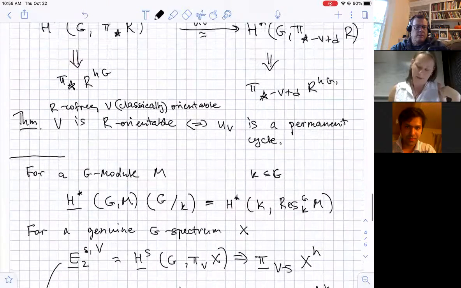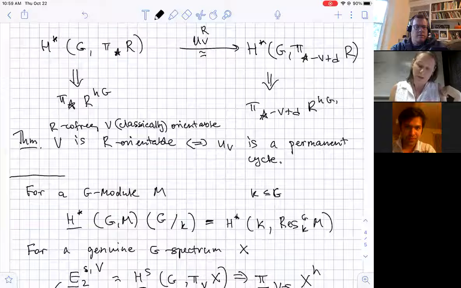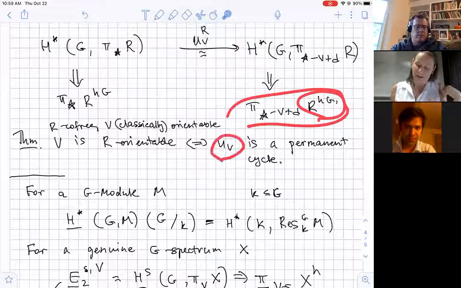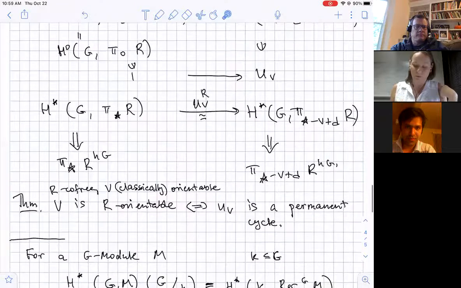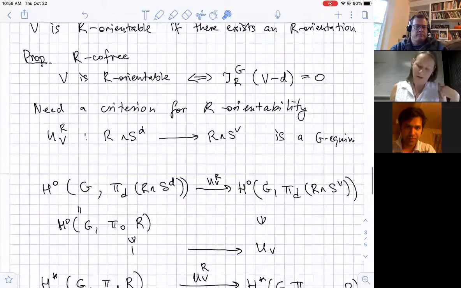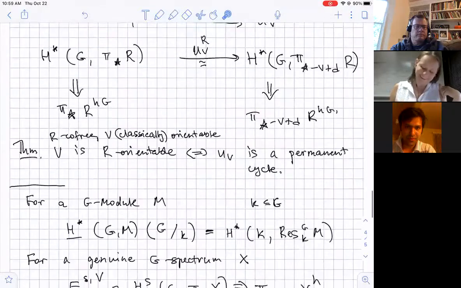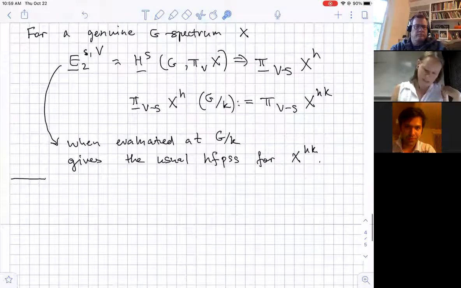In the homotopy fixed point spectral sequence for RHG, if I can determine which UV are permanent cycles, then I will know which V are in the kernel of the map J. Great. So now we specialize.